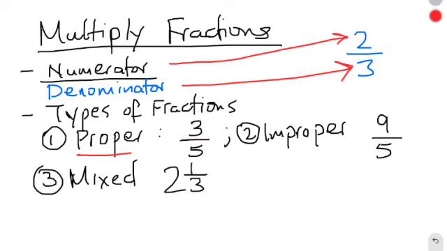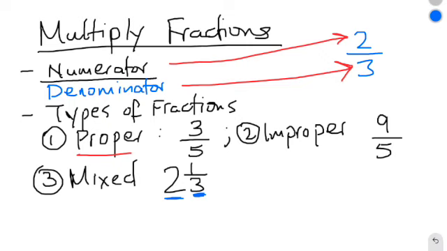An improper fraction is where you have the value of the numerator bigger than the value of the denominator. And then a mixed fraction, hopefully you've seen it, is where you have a combination of a natural number and the fraction part of it.